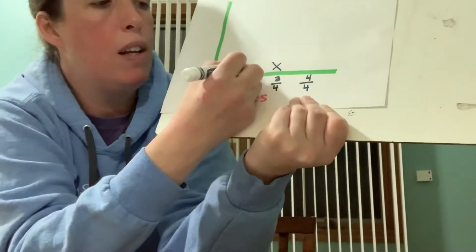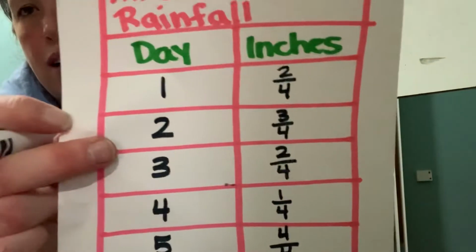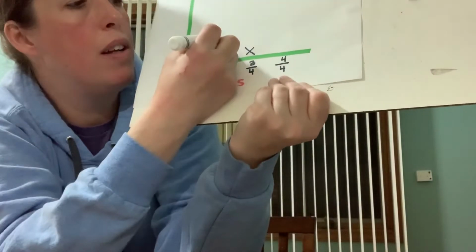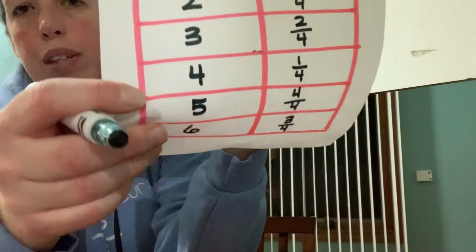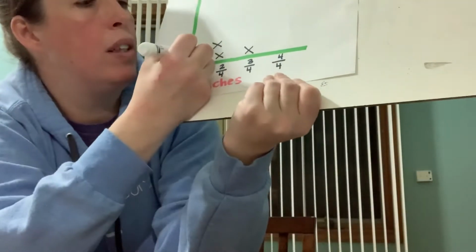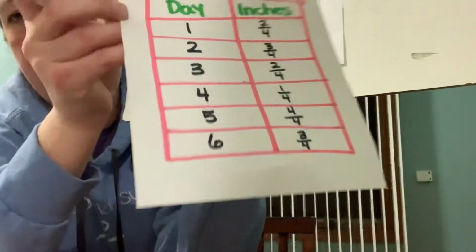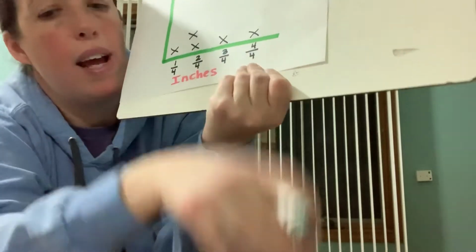So day 1 is actually 2/4. So I have my 2/4 and my 3/4, and day 3 is 2/4 again. Day 4 is 1/4. Day 5 is 4/4. And day 6 is 3/4.